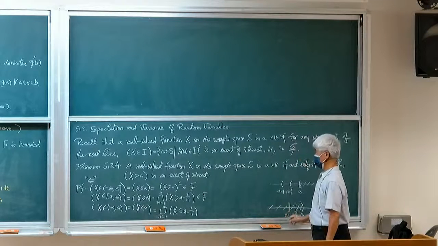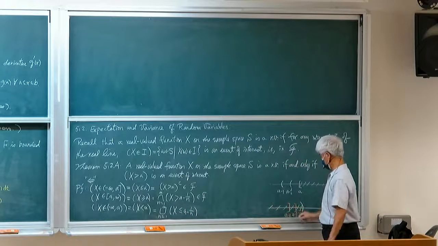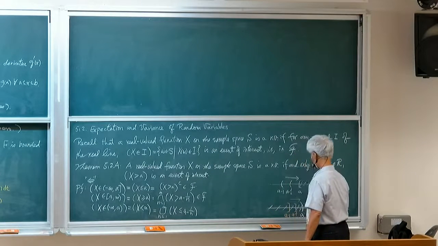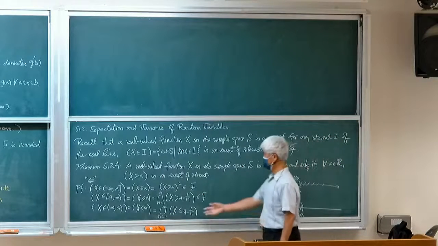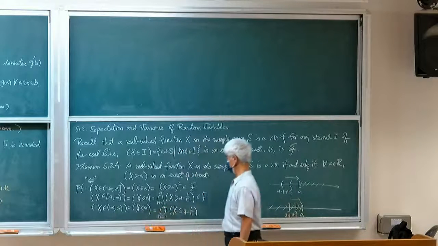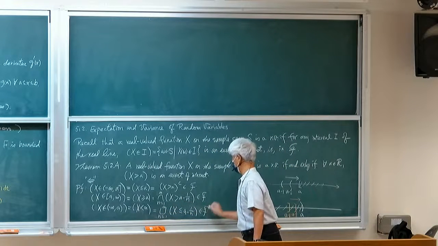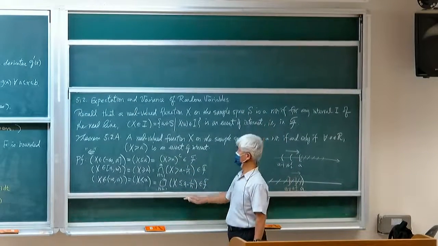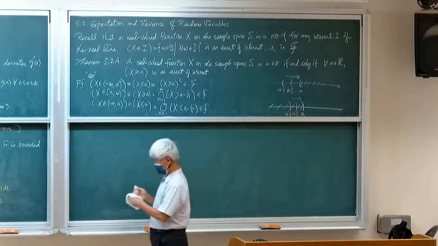These events become bigger and bigger, and when we take the union it becomes this one, because it will never reach the point a. And this is in F. So you have these three types of event already in the sigma algebra.